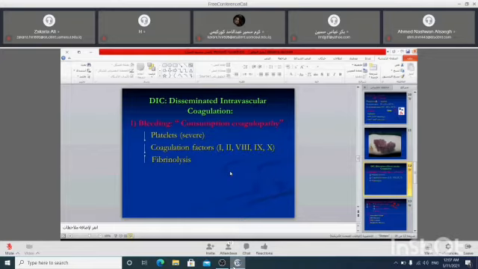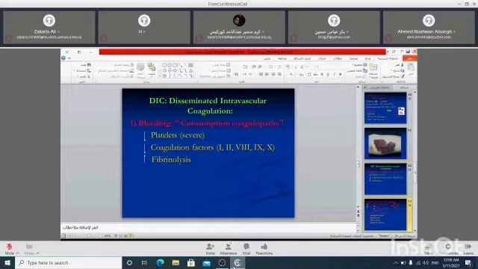So there is thrombus formation and there is rapid fibrinolysis of these thrombi. So I have severe bleeding as a result of low platelets, low coagulation factors, and rapid high fibrinolysis.